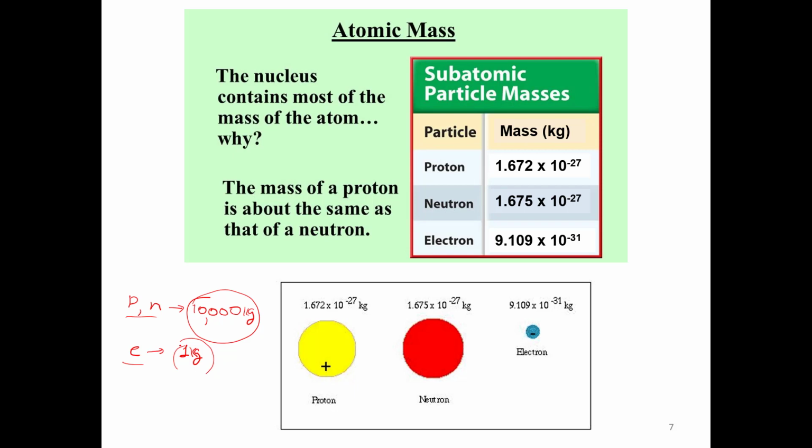And this is why the mass of the atom is just the mass of the proton plus the mass of the neutron. We don't take into account the mass of the electron. And let's see what we have in the next slide.